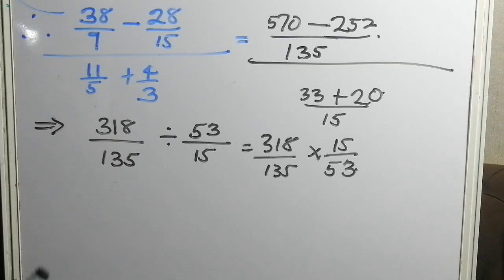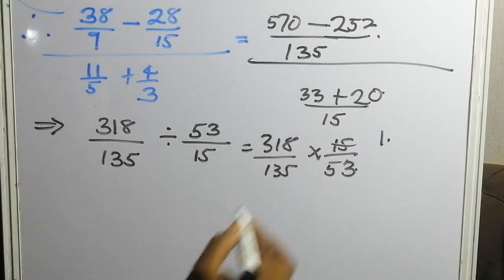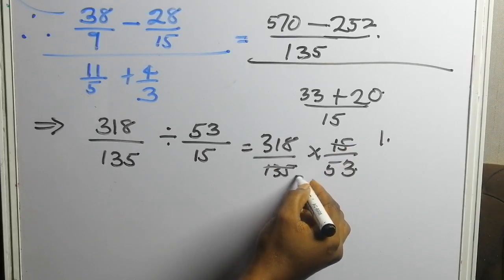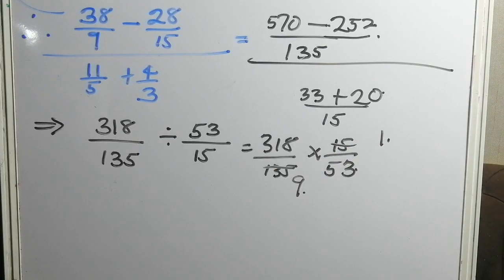Don't forget, 15 can go in 135 in 9 places. So I can just say 15 here, 1, and 15 here, 9, because 9 times 5 is 45, carry 4, 9 times 4 is 36.